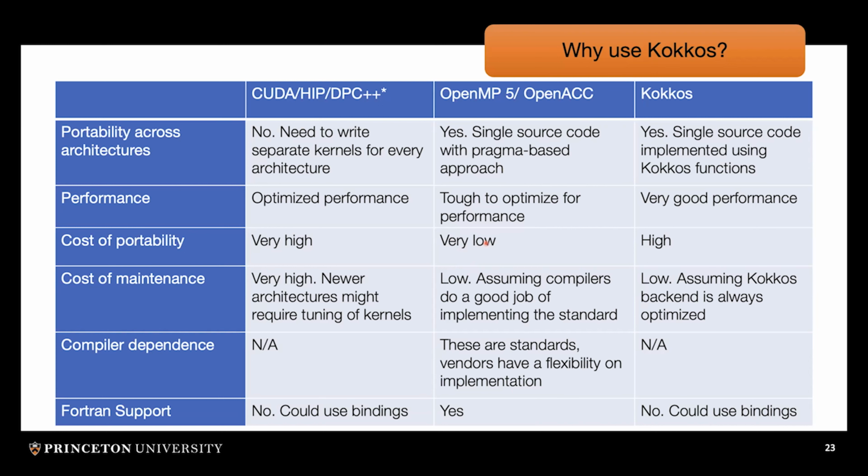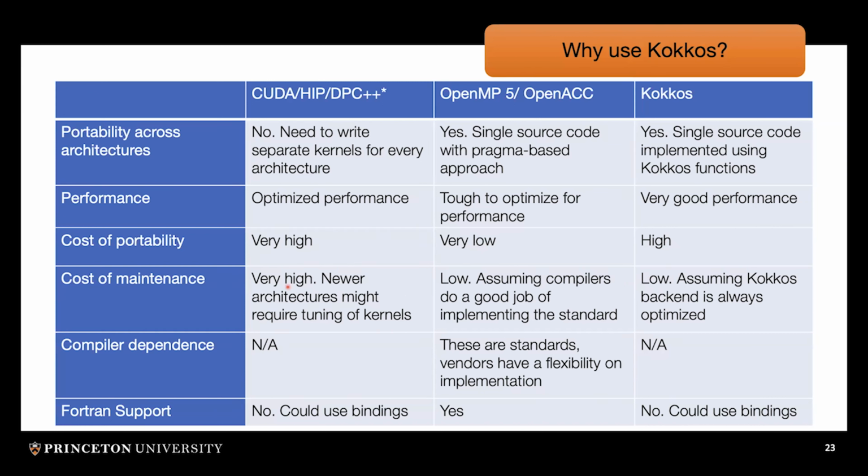If you have a code that is running on a CPU, for example, hopefully you can easily port it by sticking pragmas on top of your most compute-intensive for loops. With Kokkos, on the other hand, I'd still say the cost of portability is pretty high because you need to analyze what the bottlenecks in your code are, and how your data needs to be laid out and how it maps to different architectures.